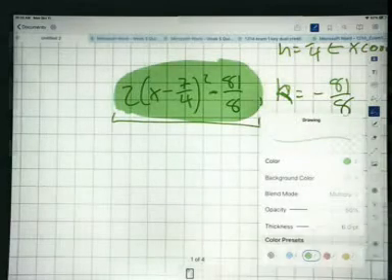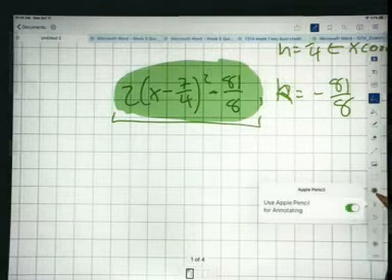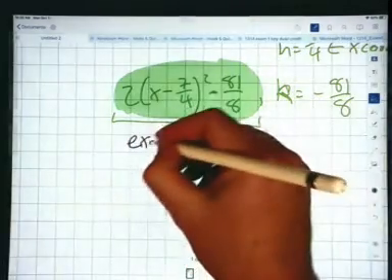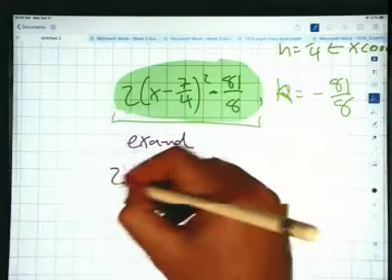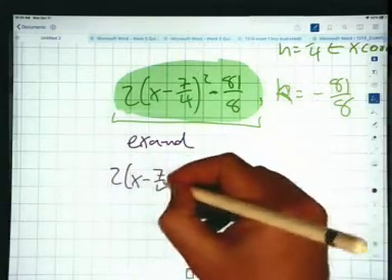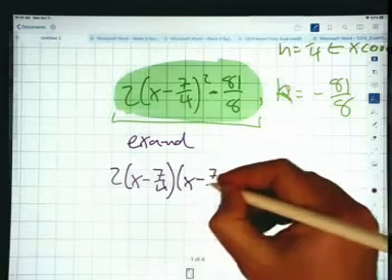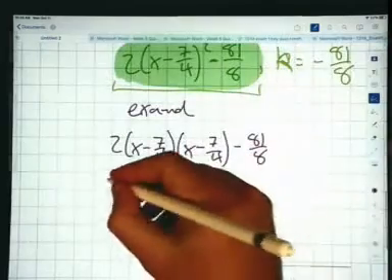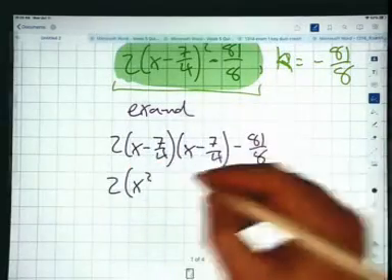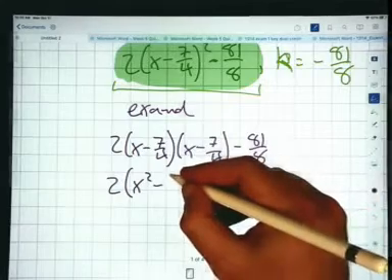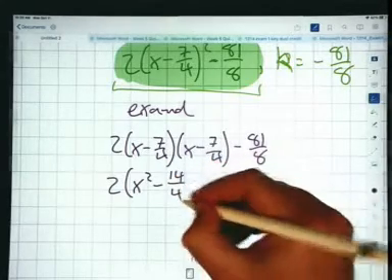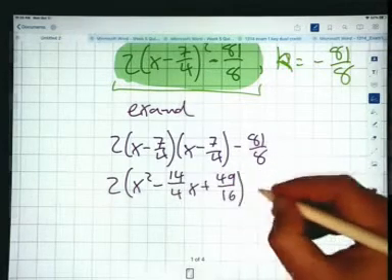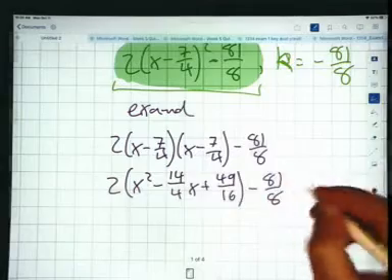But if I spend a quick amount of time to expand this, let's use purple. Let's expand 2 times x minus 7 fourths times x minus 7 fourths minus 81 over 8. That becomes 2 times x squared minus 14 over 4x plus 49 over 16 minus 81 over 8.